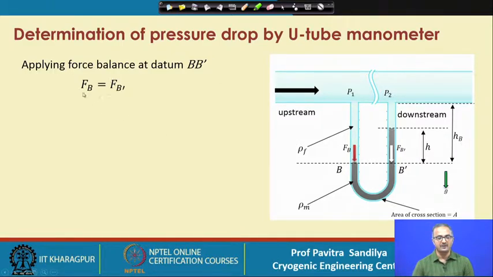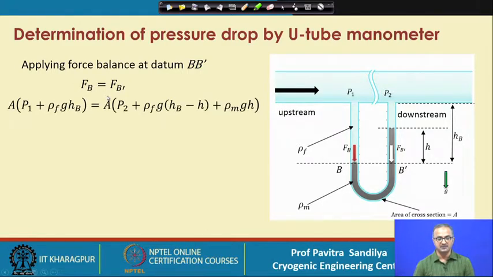So the two forces have to be balanced, and when we are balancing the forces for this FB, what is happening? The force is due to this pressure P1 plus due to the hydrostatic height of this particular fluid. So we are writing P1 into A, that is the force, plus rho F G into HB into A.